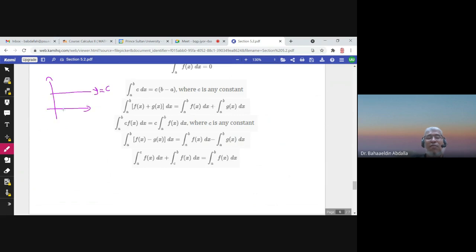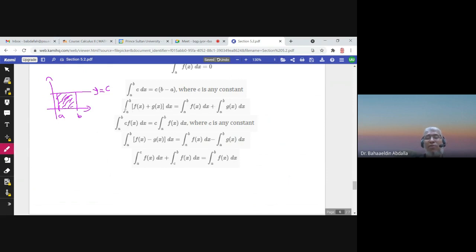If you want to find the integral from A to B of C dx, you need this area. The area of this rectangle is B minus A, the length of this side, times C, the length of this side. So it's in fact B minus A times C.